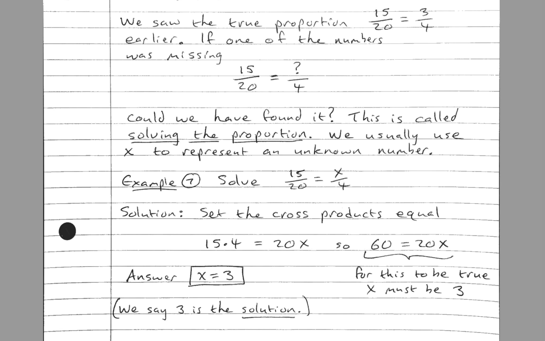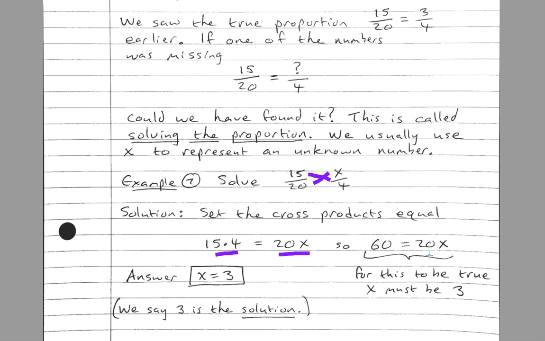So what are the cross products here? We have 15 times 4 and 20 times x. So we want these two to be equal. 15 times 4 is 60. So we want 60 to equal 20 times x.